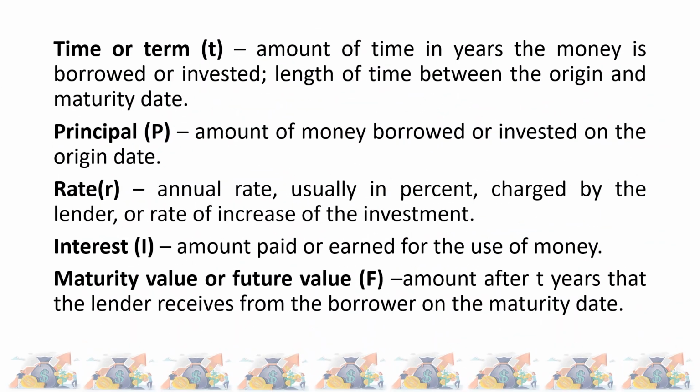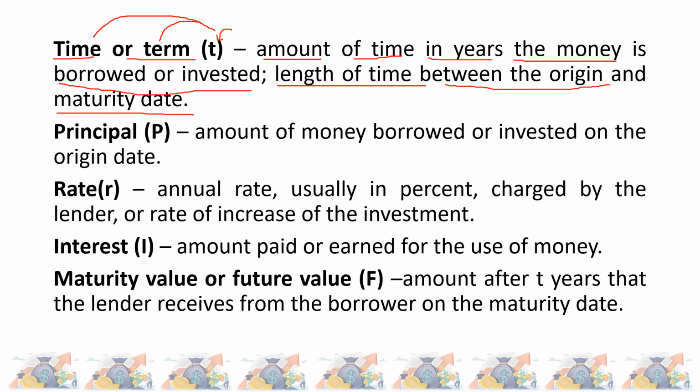So our next term is your time or term. We use small t to represent your time or term. By definition, it is the amount of time in years the money is borrowed or invested. So it is the length of time between the origin and the maturity date.